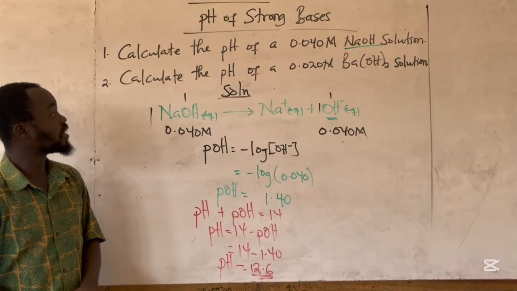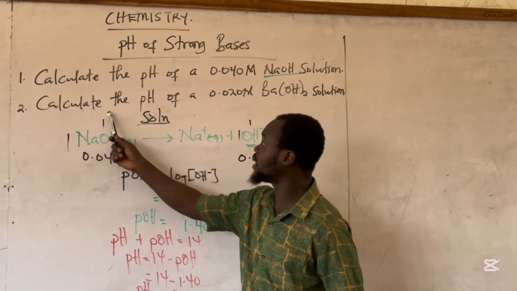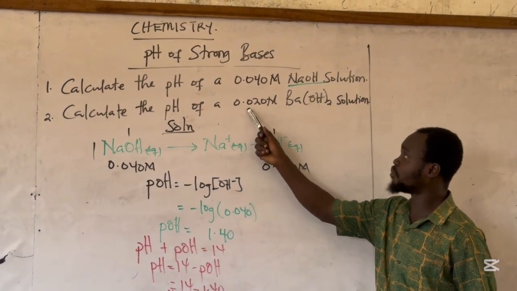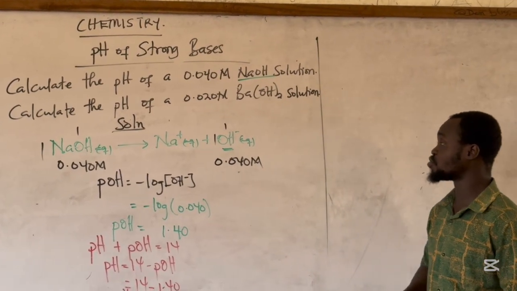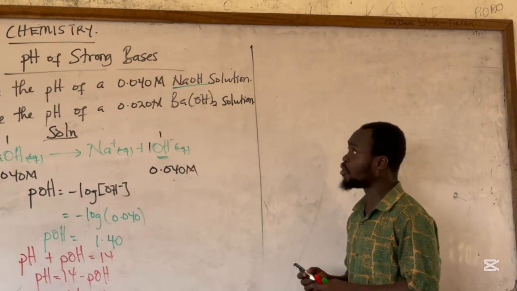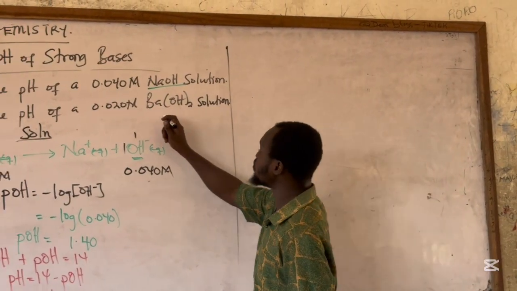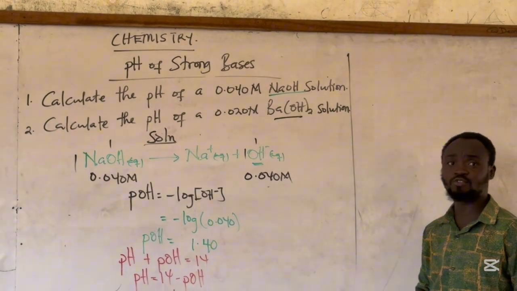Let's look at the second question. Calculate the pH of a 0.020 molar BaOH2 solution, barium hydroxide solution. So first of all, we have to know the type of basic solution. This is an example of a dibasic solution.